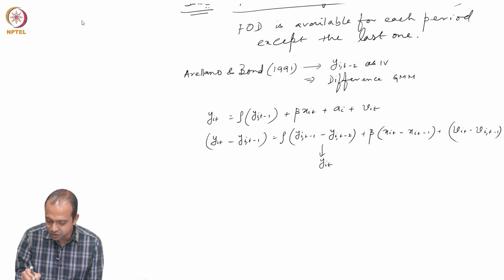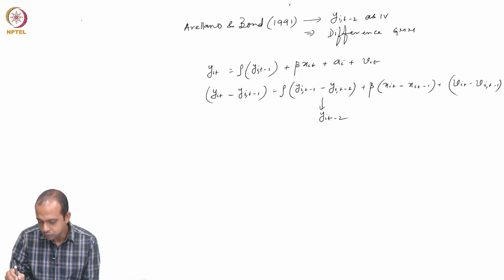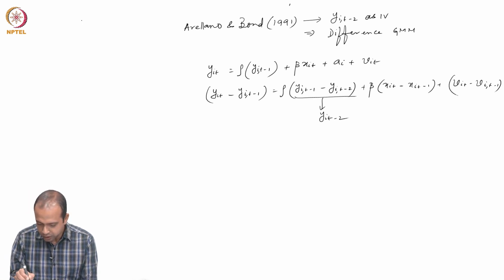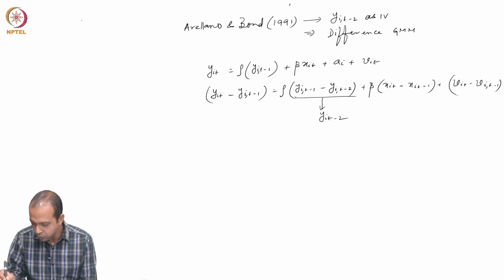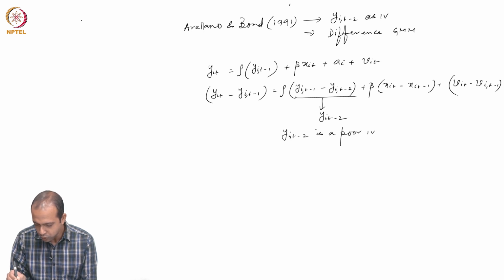So, yit-2 is a poor IV for delta yit-1, and it becomes even poorer when the variable follows a random walk.